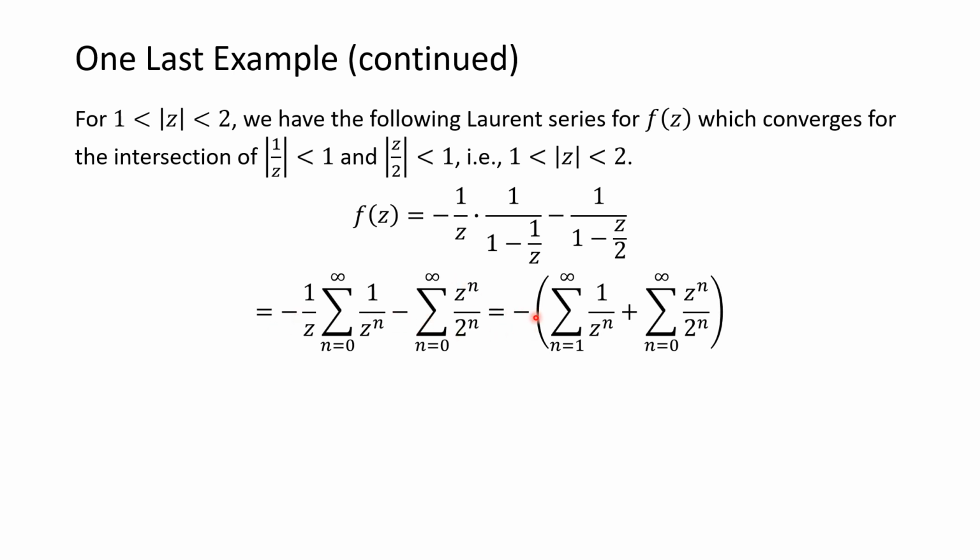You can pull out the minus, multiply the 1 over z into this here, and you notice I changed the subscript, or the index, starting from 1 as opposed to 0 when you pull in the z. So that's the second Laurent series. We have one more. That's when the modulus of z is greater than 2. We'll do that on the next slide.